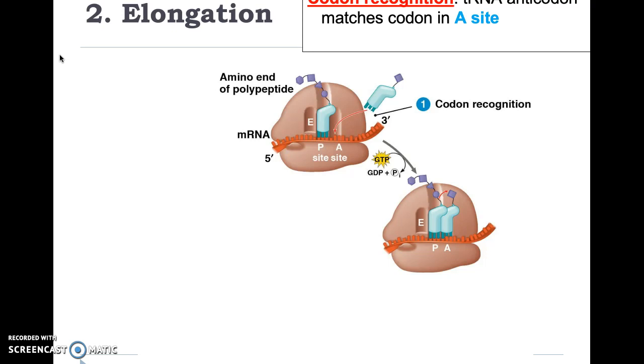So again, codon recognition: the tRNA anticodon needs to match the codon in the A site first in elongation. And please remember that the P site is already filled by the tRNA with methionine.